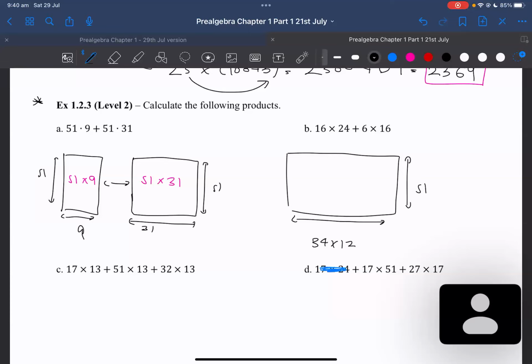You add the lengths together and end up with 9 plus 31, which is 40. So 51 times 9 plus 51 times 31 is the same as 51 times (9 plus 31). That's basically what you do in all these problems. And the same thing here: it's like another rectangle, a 16 by 24 rectangle and a 16 by 6 rectangle, and you're combining them into one rectangle for part B.